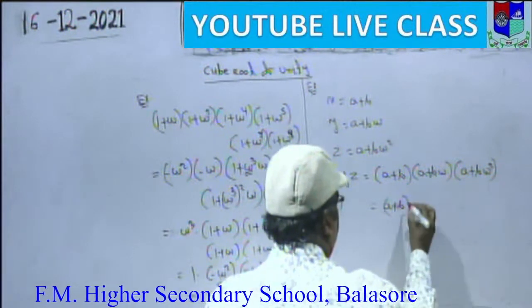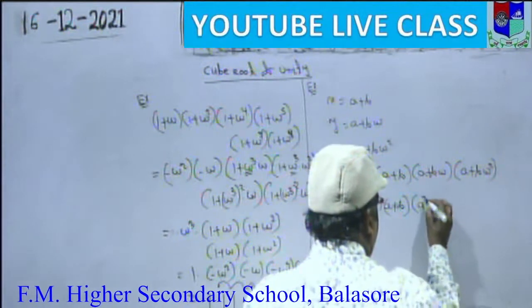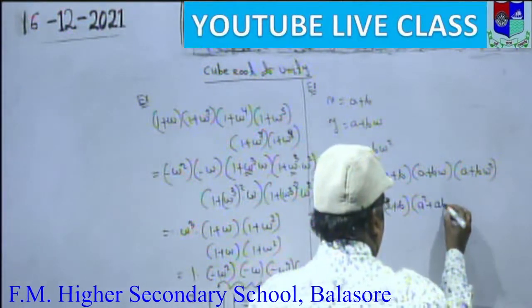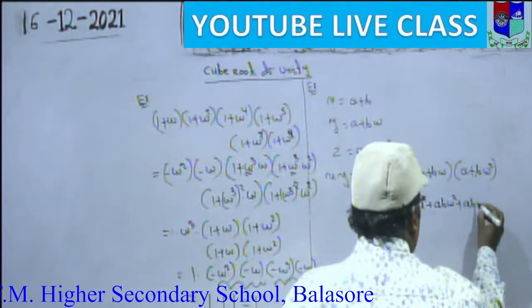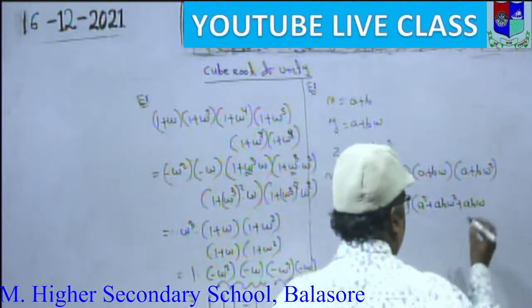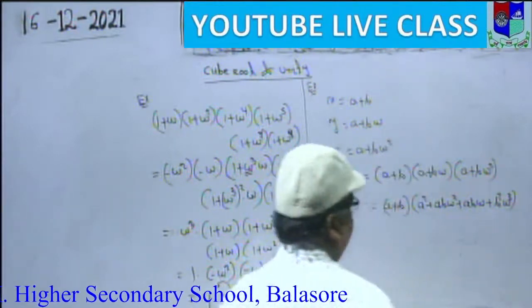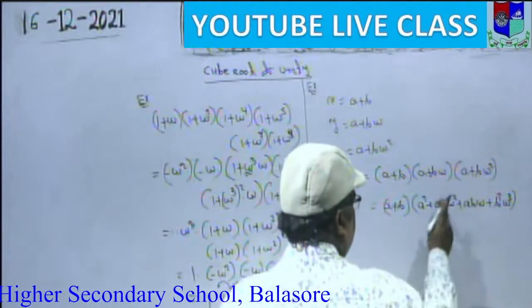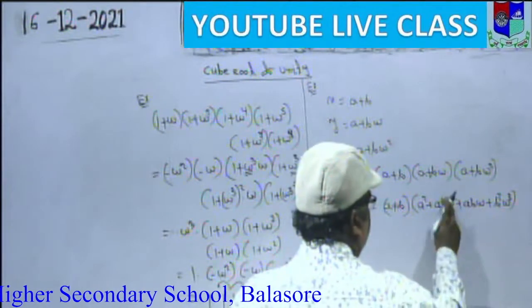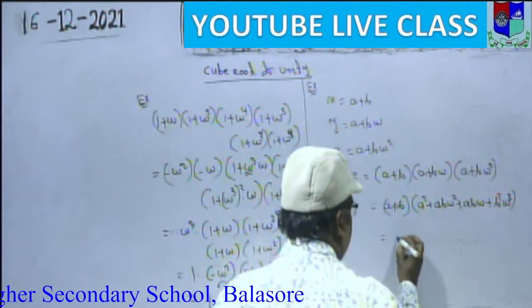It is a plus b, it is a square plus a b omega square plus a b omega plus b square omega cube. A square plus a b omega square plus a b omega plus b square omega cube.